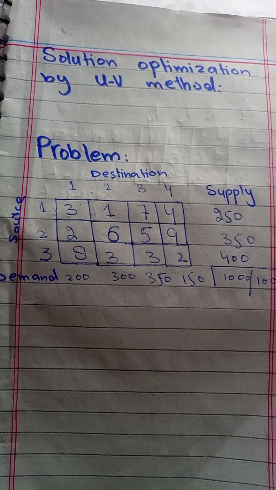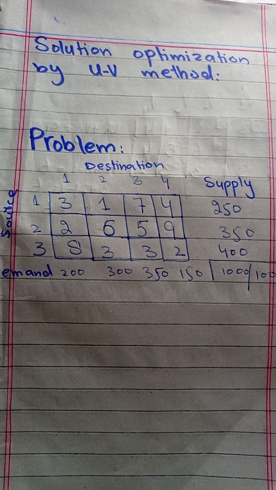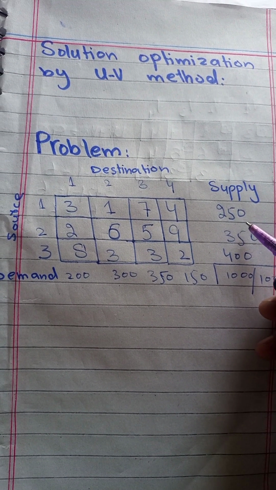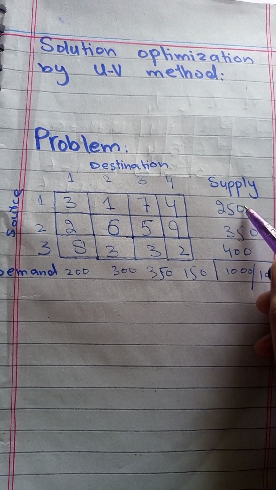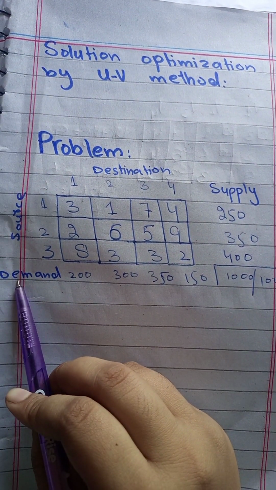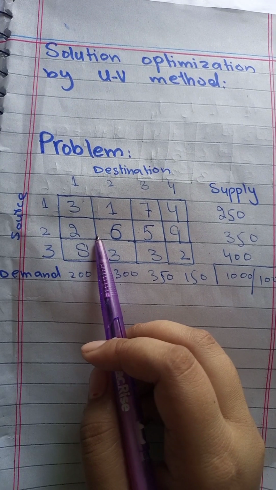First we have to check whether the problem is balanced or unbalanced. Students, as we have discussed earlier, when the sum of supply becomes equal to the sum of demand, the problem is balanced, otherwise unbalanced.